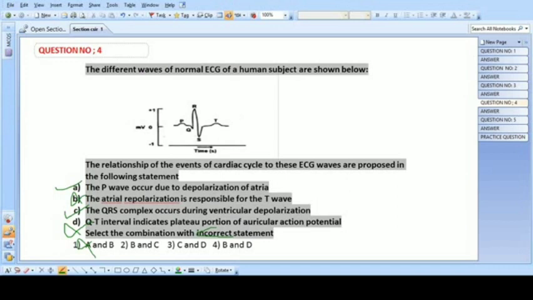Then we have to find the incorrect statement. Here, the answer is option B and D. That means the fourth one is the answer. You have to find the incorrect one.